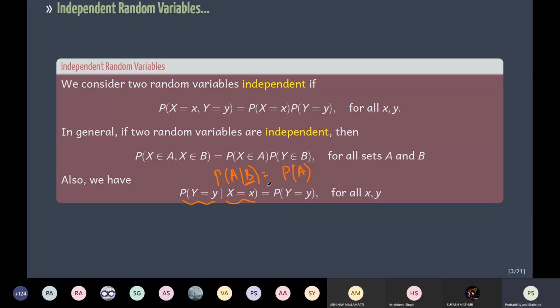So the occurrence of B doesn't change the probability of A, it has no influence on the probability of A. So that's just written in terms of random variables.